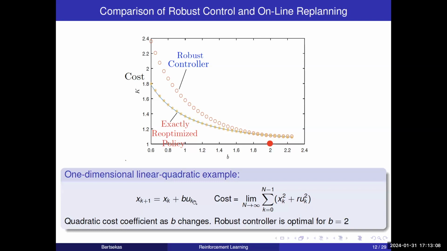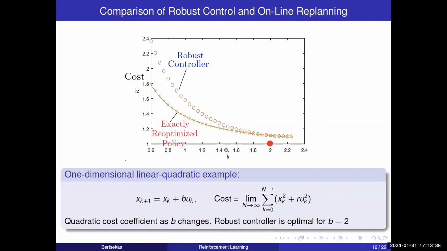This is one-dimensional linear quadratic, and B is a parameter that's changing, okay, and is estimated. The cost is infinite horizon quadratic. R is a given parameter, and okay, so the robust controller is calculated for a nominal value of B equal to 2, okay?